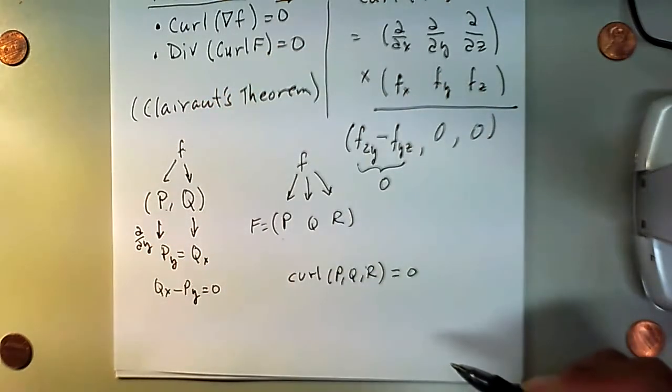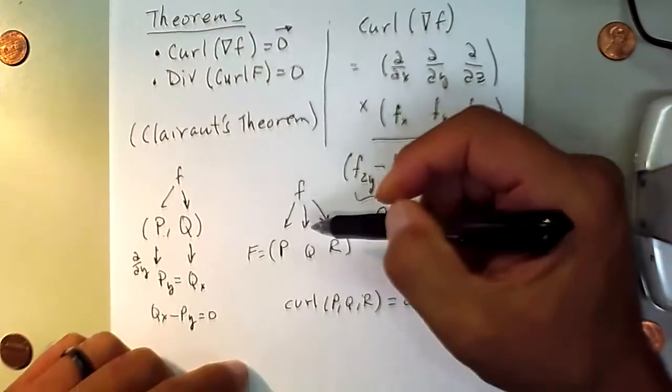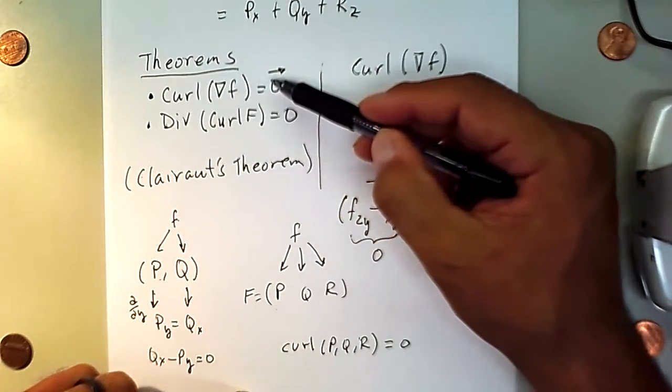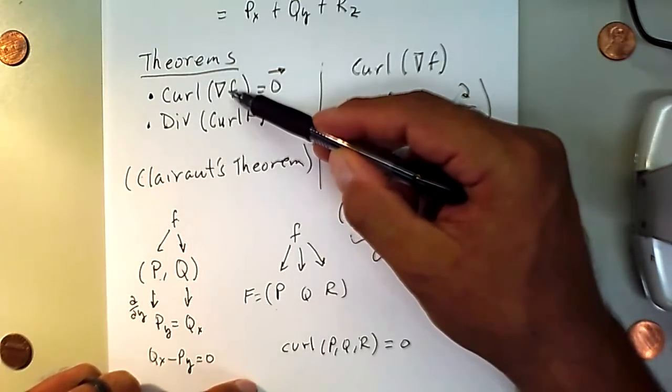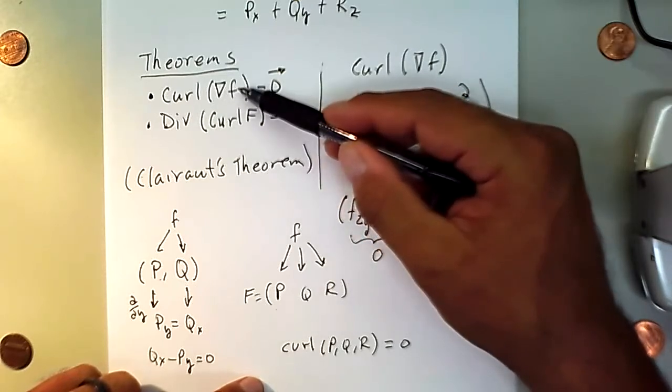So there's a value to this theorem. Again, the theorem says that this is equal to 0. So if we don't have a 0, we don't have a function whose gradient is the given vector field.